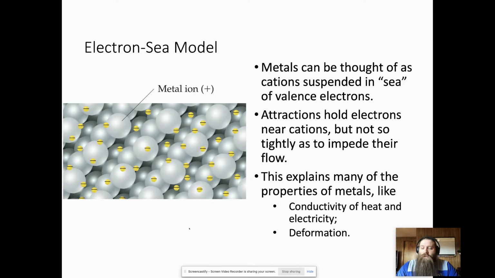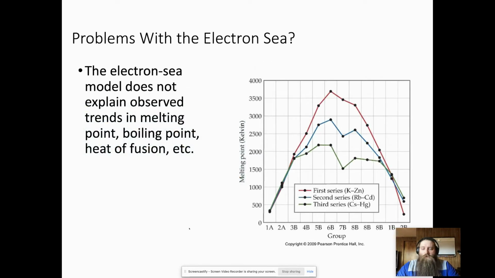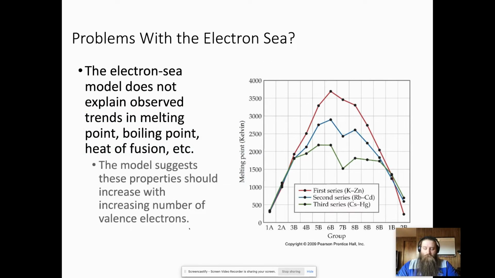Unfortunately, it doesn't explain all of the characteristics that we see in metals, especially when we look at how those same characteristics line up in nonmetals. So if you were looking at the nonmetals, we would expect that the boiling point would increase with increasing number of electrons.